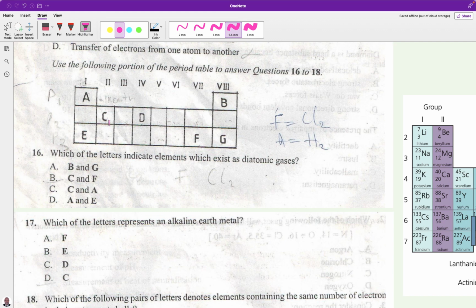C is an alkaline earth metal, and C is group 2. So question number 17 is D. So D is right.